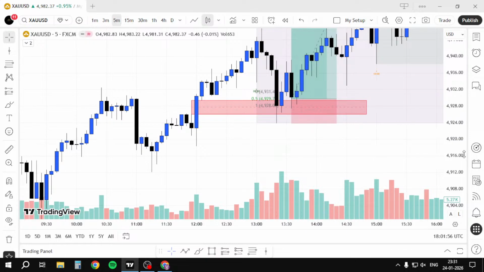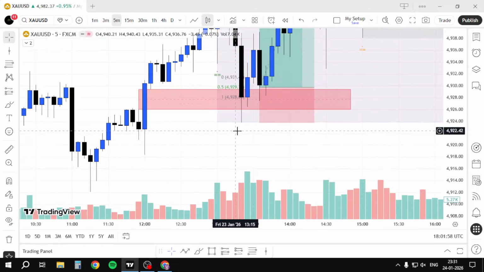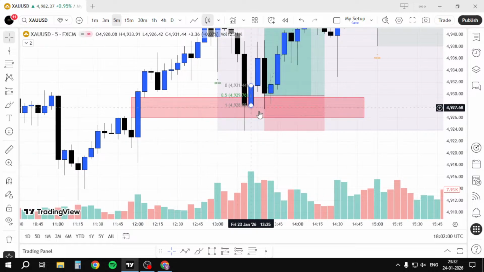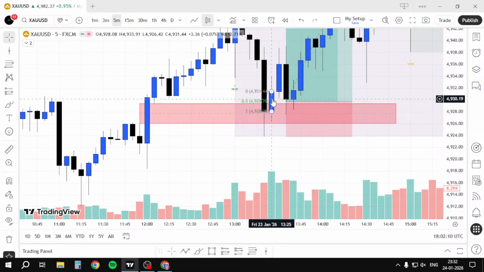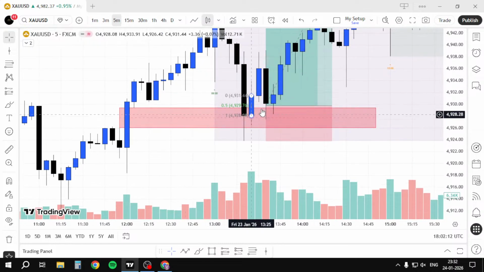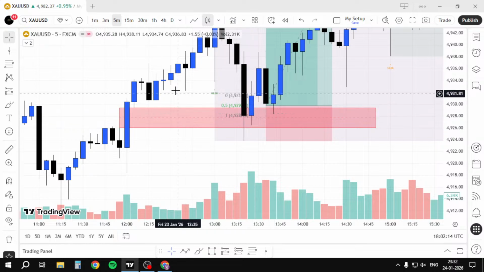When this wick closes, you have to be cautious. When the market gives a wick and closes the candle, you have to be cautious that the next 5 minutes are going to be crucial for you. Now see, a bullish candle is formed. This will be our confirmation candle.